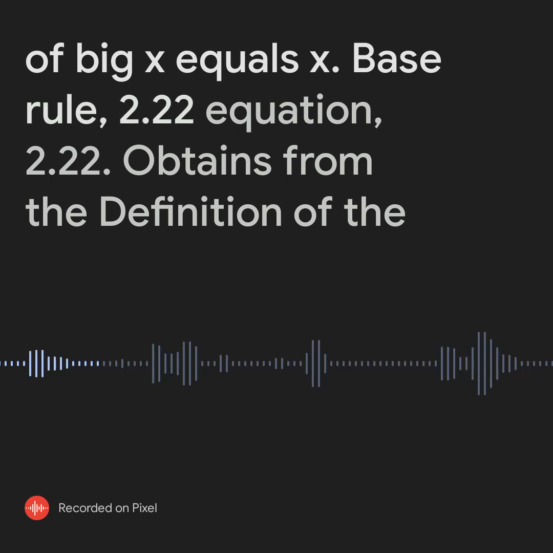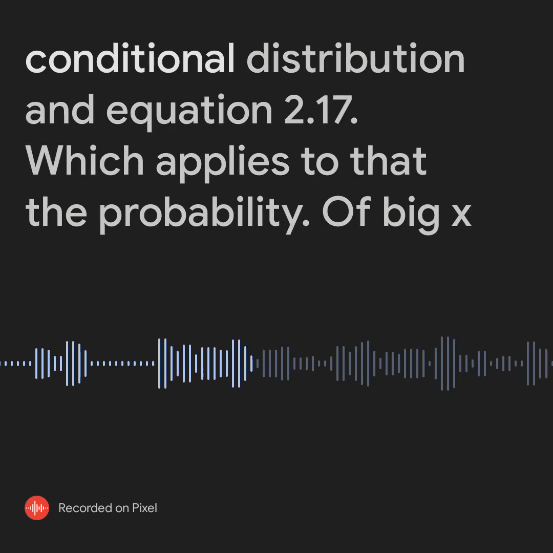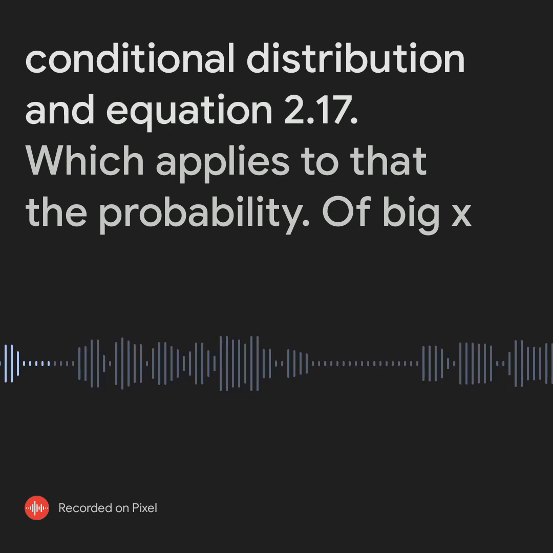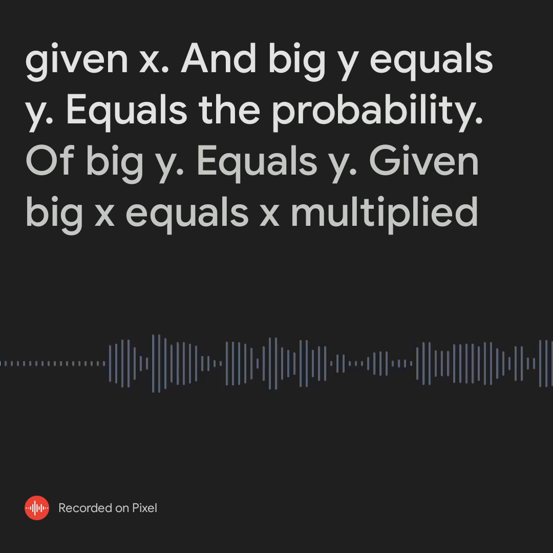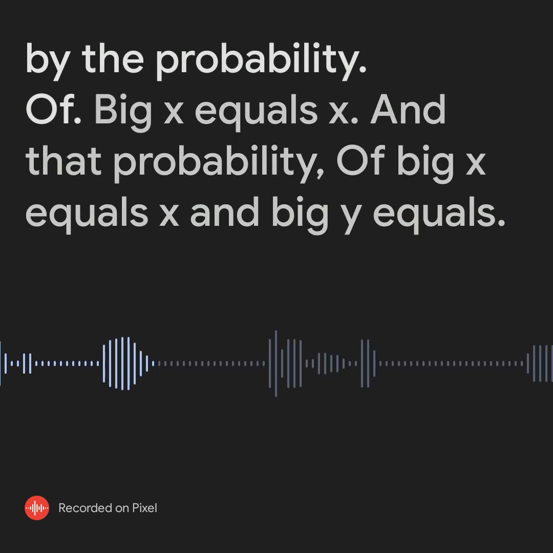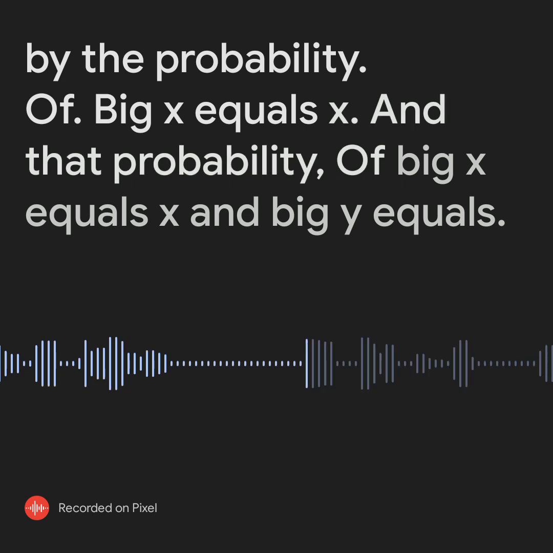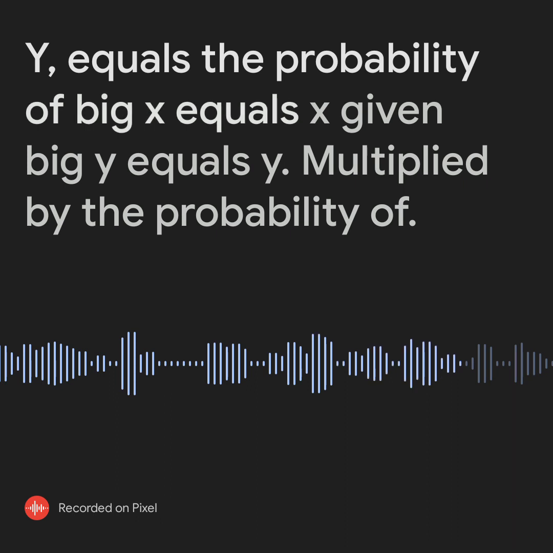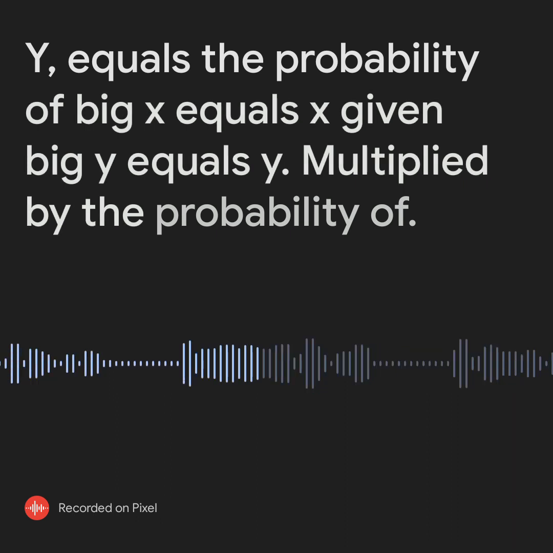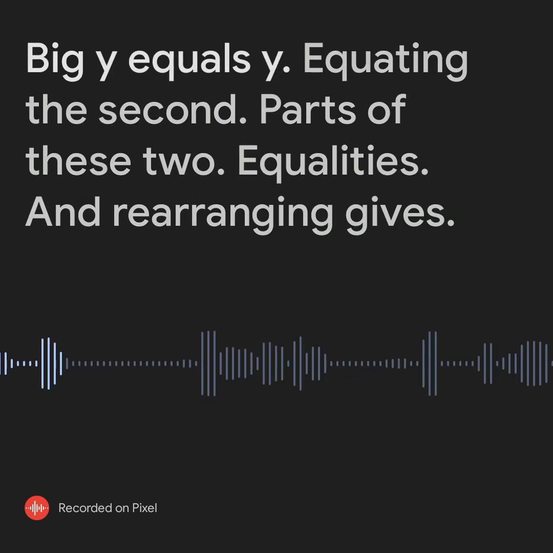Bayes' rule, equation 2.22, obtains from the definition of the conditional distribution in equation 2.17, which implies that the probability of big X equals x and big Y equals y equals the probability of big Y equals y given big X equals x multiplied by the probability of big X equals x, and that the probability of big X equals x and big Y equals y equals the probability of big X equals x given big Y equals y multiplied by the probability of big Y equals y.